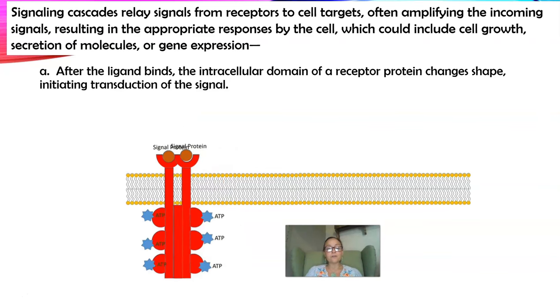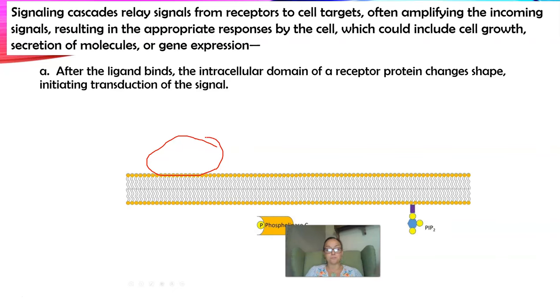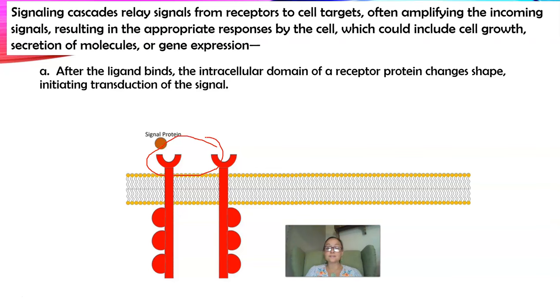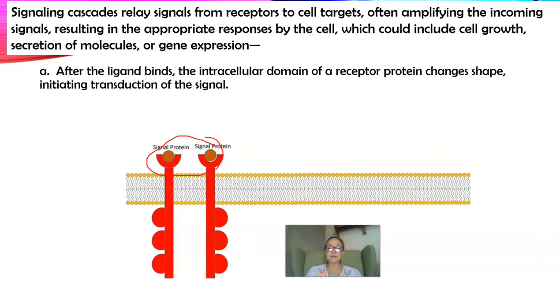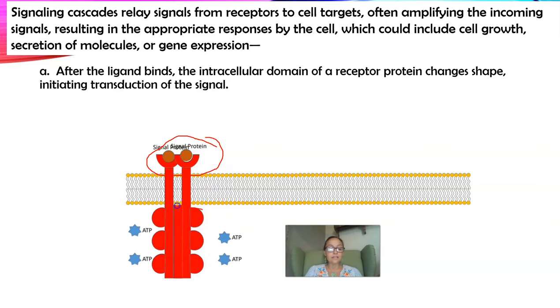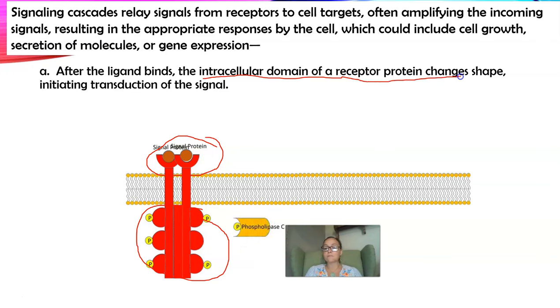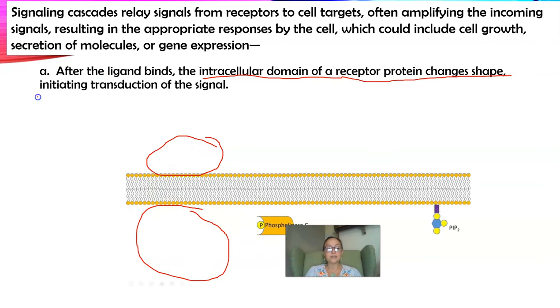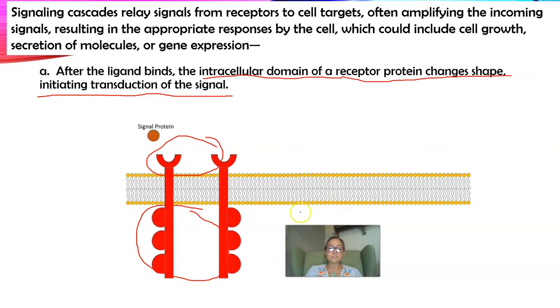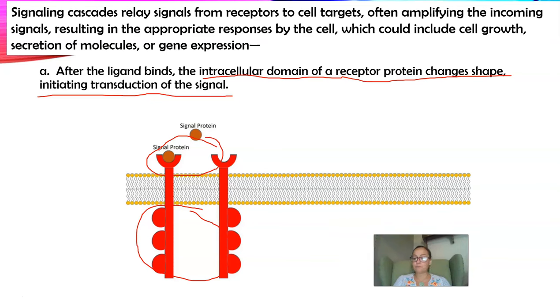The part of the protein that is outside of the cell is called the extracellular domain, or the extracellular region, extracellular meaning outside of the cell. And then you have your intracellular region. So right here, the intracellular region of the protein receptor will change its shape, initiating that signal, or the transduction signal.